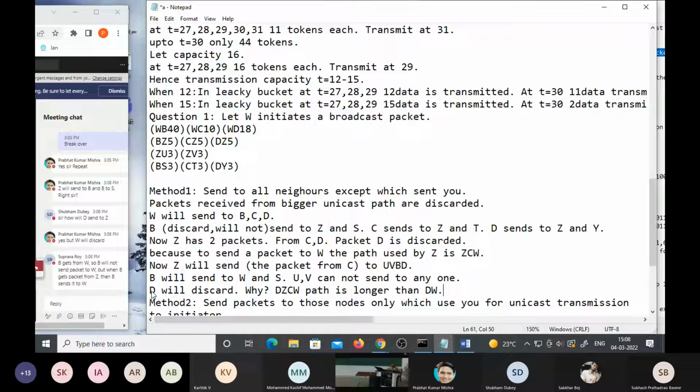Rather, B will get from W later. B will get from Z first. Is it correct? Yes. Is this all right to you? Any doubt? Any doubt or any mistake, whatever is written here?